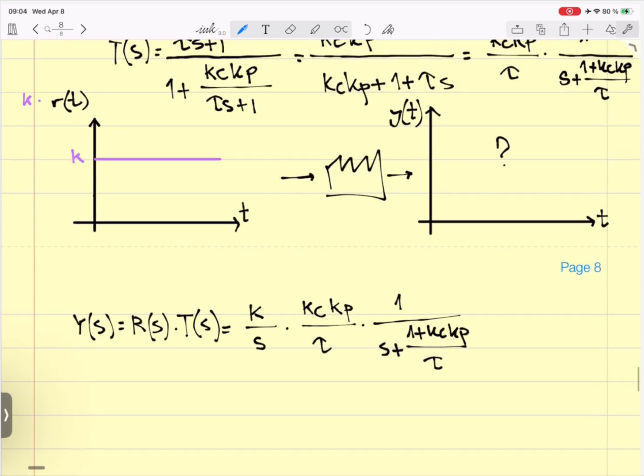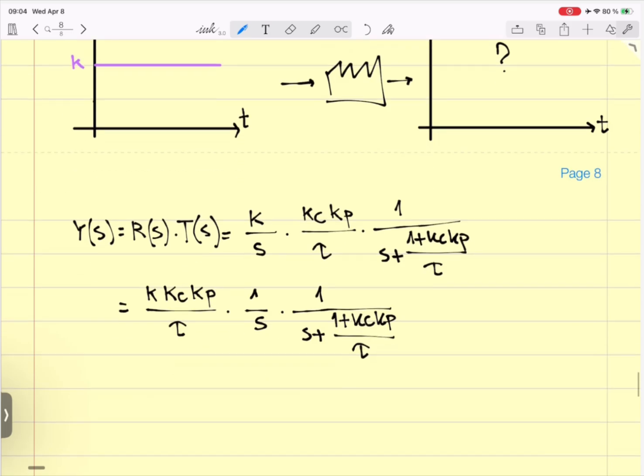We know that the solution of this is of the form k times k sub c, k sub p divided by tau times 1 divided by s times 1 divided by s plus 1 plus k sub c, k sub p divided by tau. This equals a divided by s plus b divided by s plus 1 plus k sub c, k sub p divided by tau.